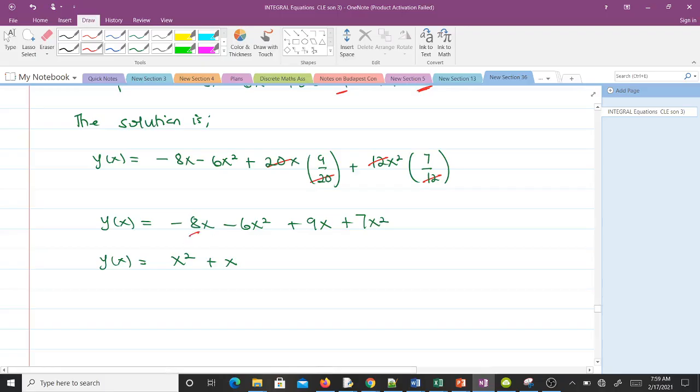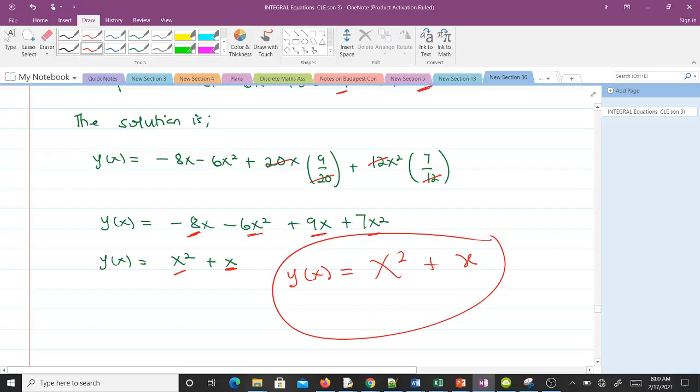So minus 8x plus 9x gives us what? x. And minus 6x squared plus 7x squared gives us what? x squared. So y of x equals x squared plus x happens to be the exact solution to that particular integral equation.